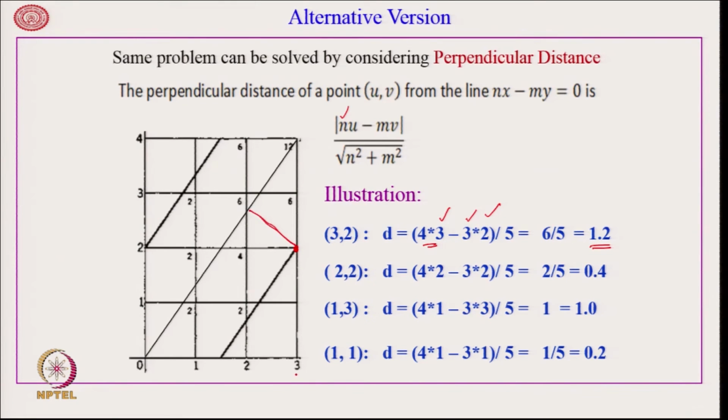In a similar way, from 2 2, this is the point 2 2 and its distance from the diagonal line is 0.4. From 1 3, which is this point, this distance is going to be 1, and similarly from 1 1, which is this point, the perpendicular distance is going to be 0.2.